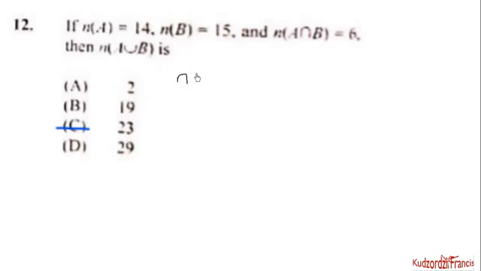So we know that the cardinality of A union B is equal to the cardinality of A plus the cardinality of B minus their intersection, the cardinality of A intersection B.